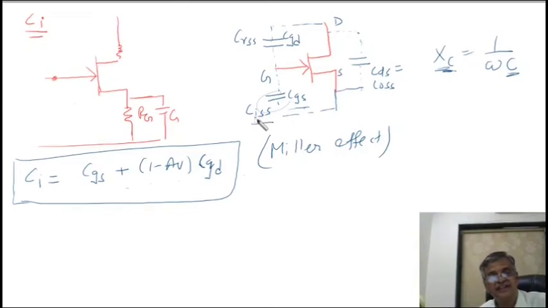In this sense we can say this puts a limit on the high frequency response of the amplifier. The Miller effect you will study in negative feedback; when I discuss that topic, I will explain the Miller effect. Understand?